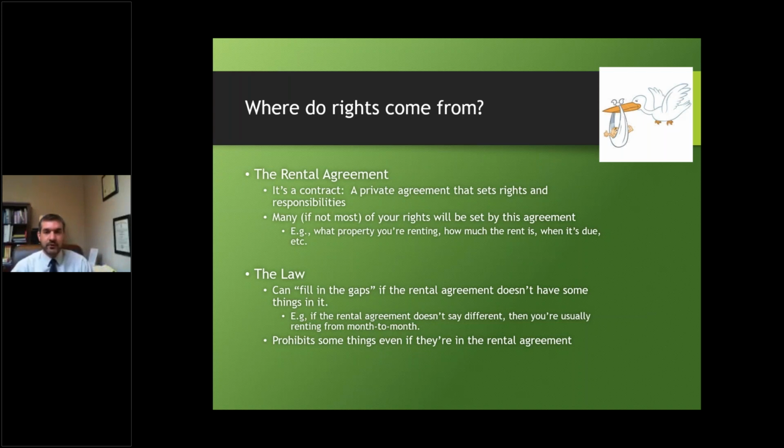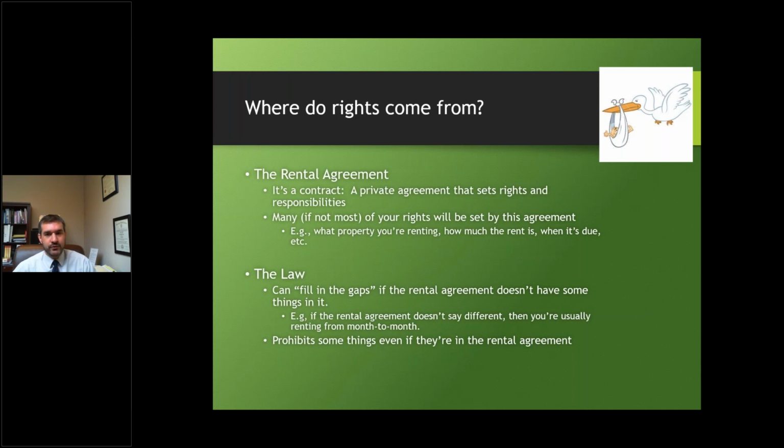But it's still a rental agreement, even though it's verbal. The rental agreement should set out what the rent is, what property is being leased, and what the due date for the rent is. Those are probably the three fundamental requirements that you need to have a basic rental agreement.